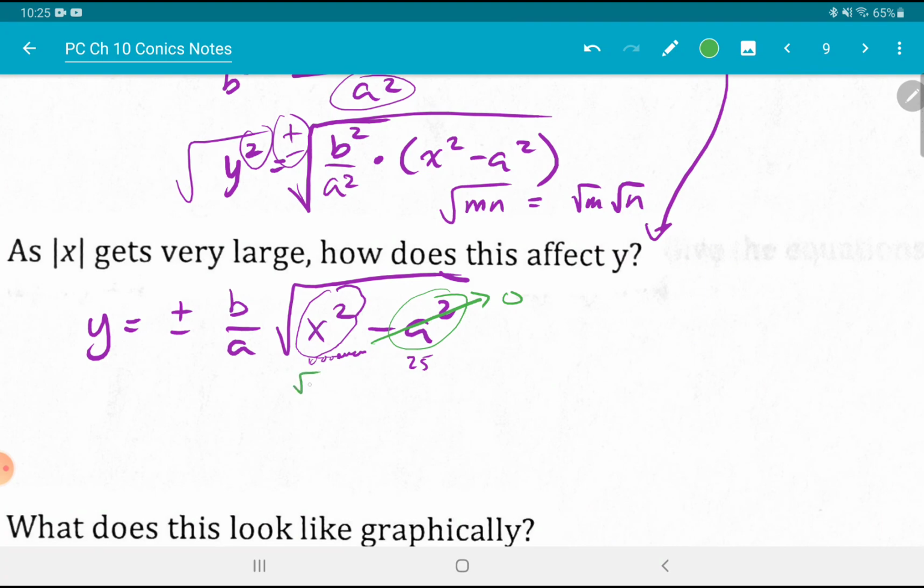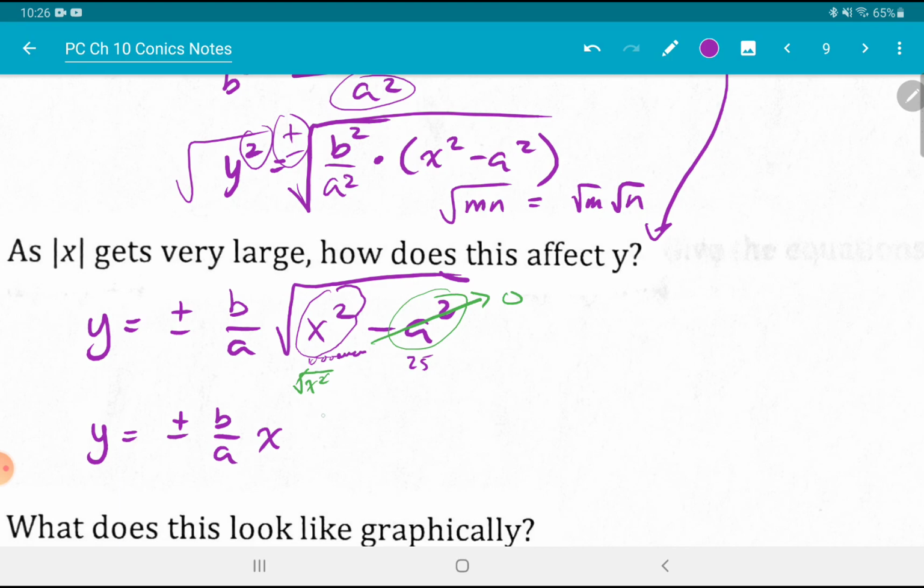Now, what is the square root of x squared, though? No matter what that x value is, you know that square root and square just cancel each other out. So as this x value gets larger and larger, you're actually approaching the value of y equals plus minus b over a times x. Oh, that's just a line. b over a is just some kind of slope for the value of x.